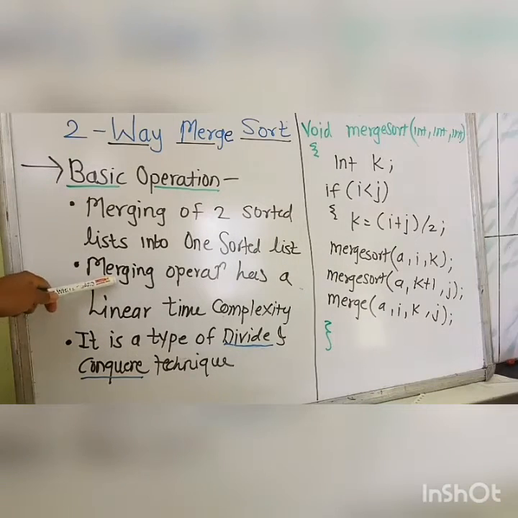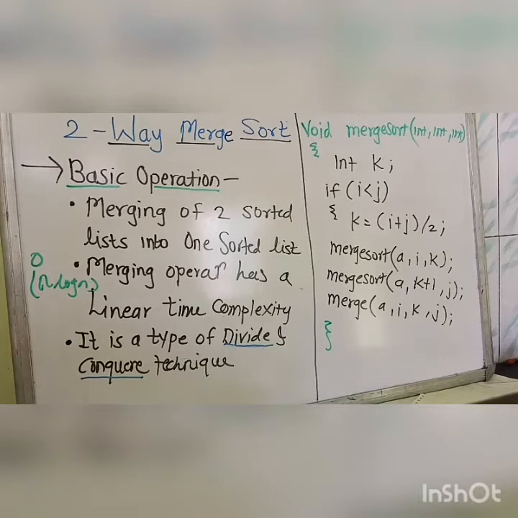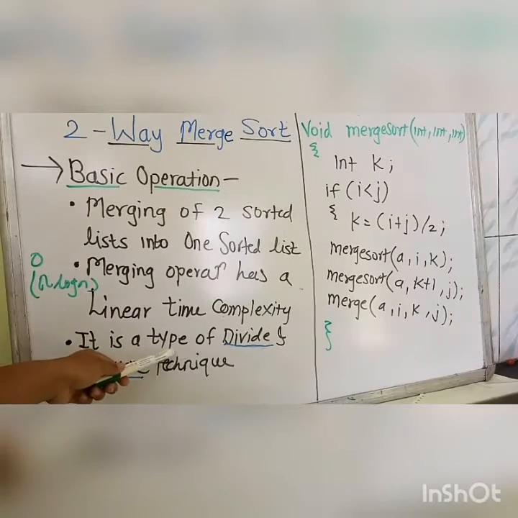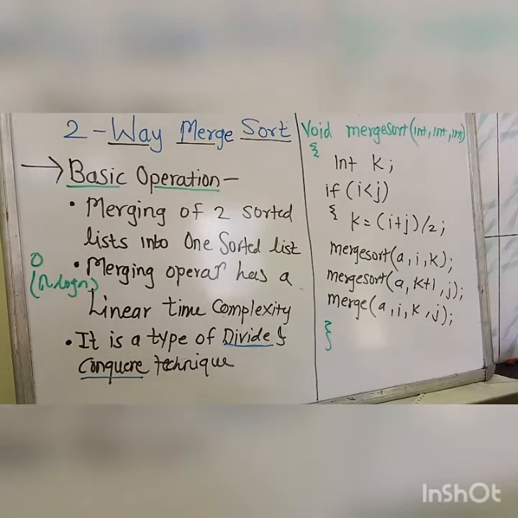The merging operation has linear time complexity, meaning big O of n log n time complexity to calculate these operations. Next, it is a type of divide and conquer technique, meaning it will first divide the whole array into separate arrays and then merge them after sorting separately.